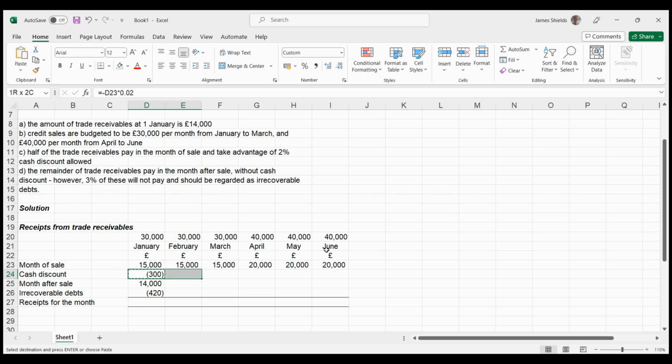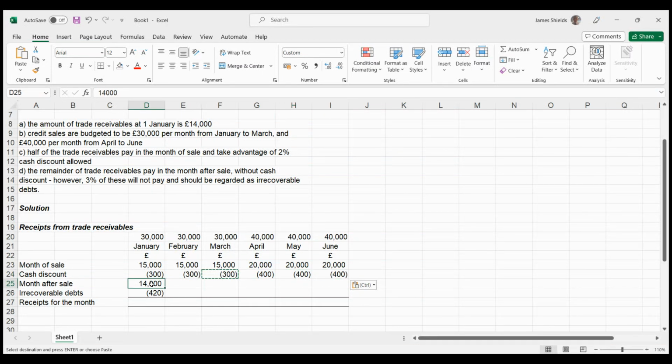And that's going to be the same for February and March because the credit sales there were the same amount. And then in April, it'll be 2% of 20,000. Likewise in May and June, so they're going to get cash discounts of £400 each month.